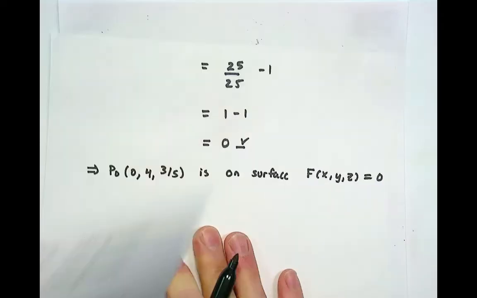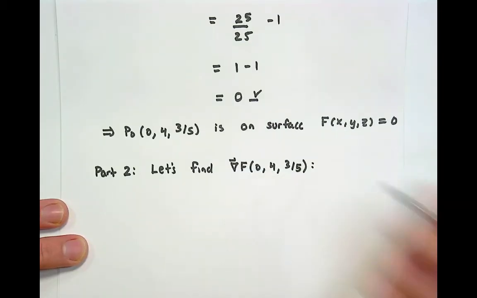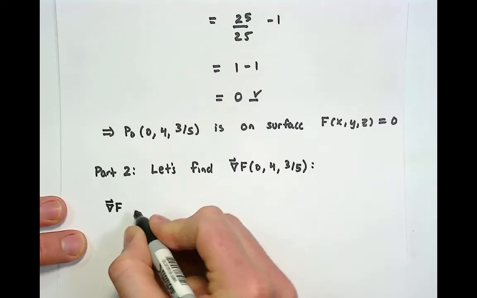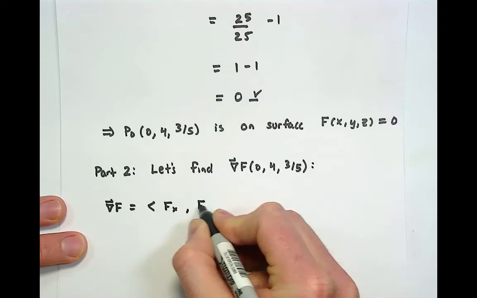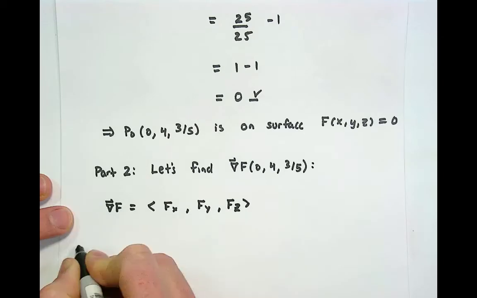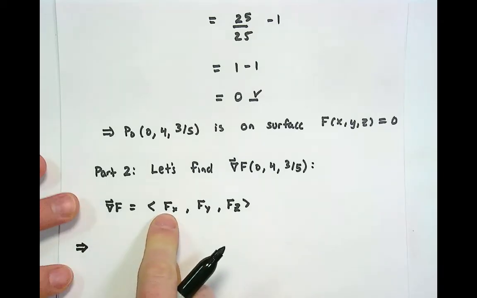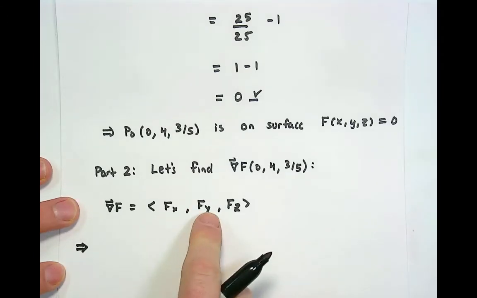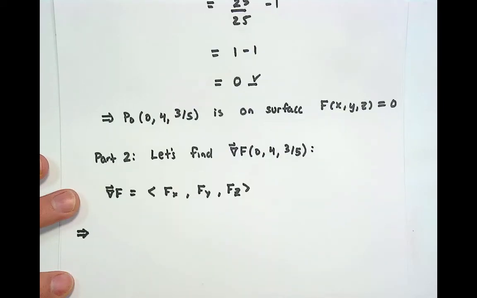Next, when we look at the second thing we were going to do, we were going to find the gradient at this given point. Well, remember that the gradient of our function is the vector containing the partial derivatives, and I'm going to be a little bit cavalier about how I write this. Right now, the gradient really should have 3 inputs in each of the coordinates. So this should be f sub x of xyz, f sub y of xyz, f sub z of xyz.